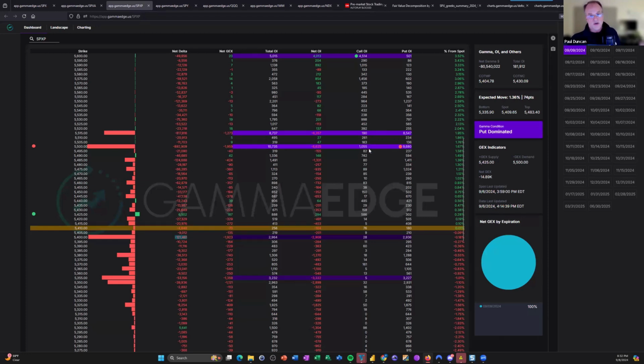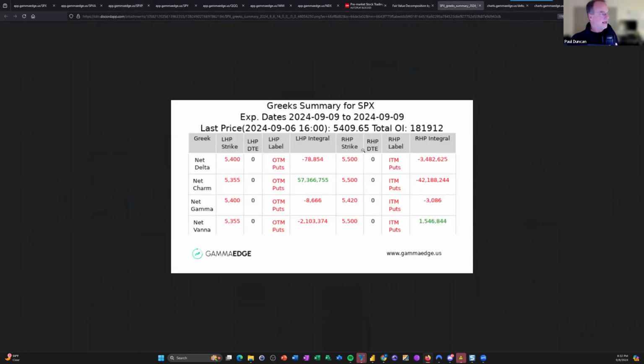So as we start including in the money calls, the deltas now start becoming a wind at our back. And if we go over 5,500 in this particular case, then we remove a tremendous amount of negative deltas. What does that do? Remember, everything we do at GammaEdge, unless we explicitly say otherwise, is from the trader's perspective.